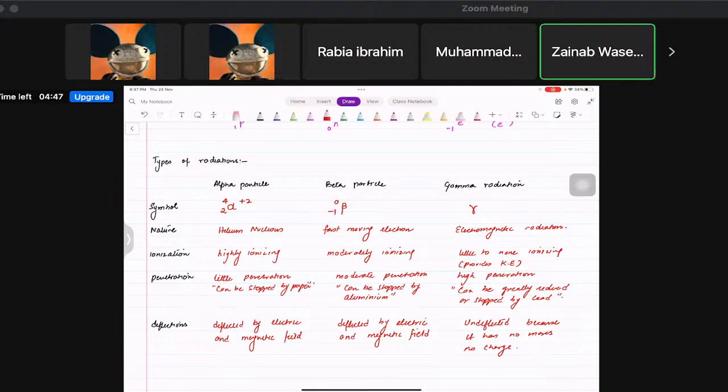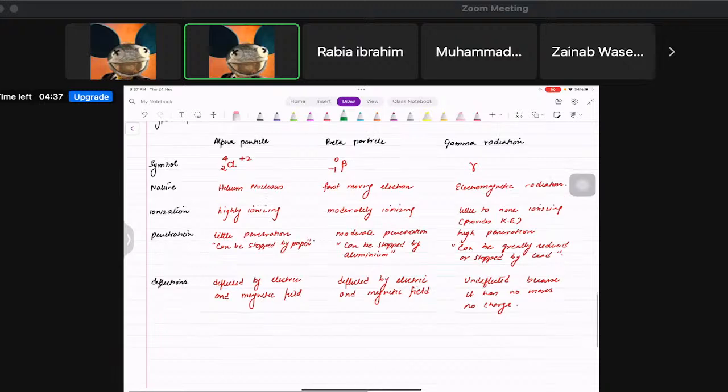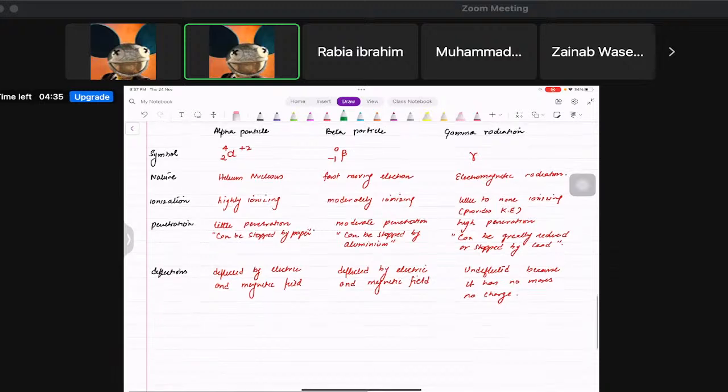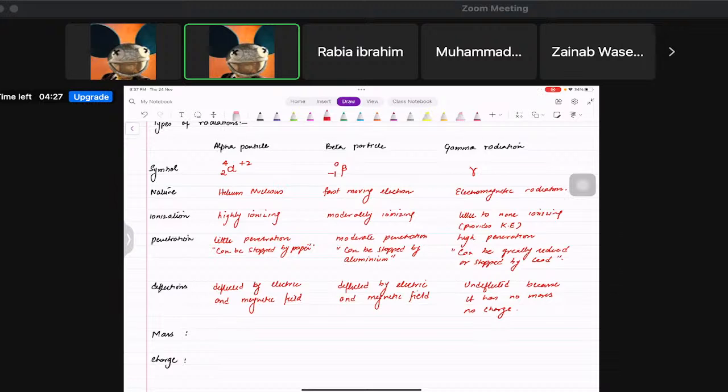Yes, sir. Okay. You can just add on something here. We'll also add, let's just write that last, and then we'll continue this tomorrow, because tomorrow we have to do big stuff. So relative mass of alpha particle is basically 4, charge is +2.